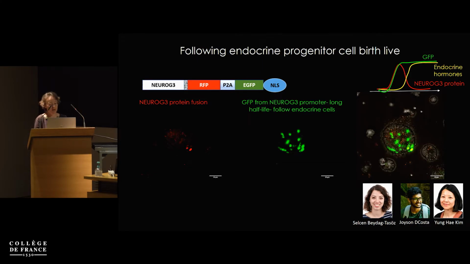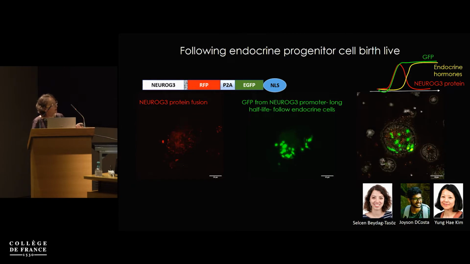And it then triggers all the targets, and endocrine cells differentiate. What we can do here is to follow the process and monitor every single cell to see how fast they turn on, how long they keep it, but now in human, and what is different from the mouse. So we have a fusion protein in red, which enables us to follow the protein. And then we monitor with the P2A the transcriptional activity, the accumulation of the transcripts over time.